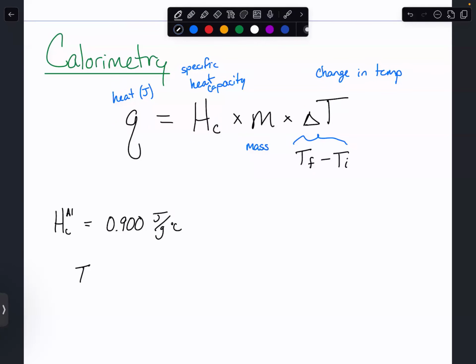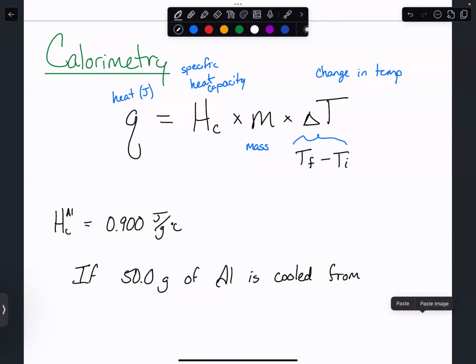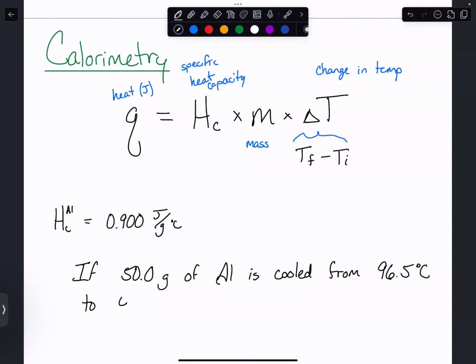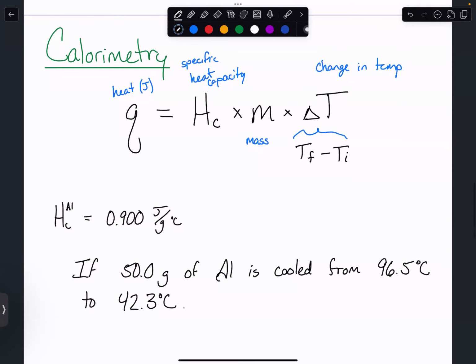So let's say 50 grams of aluminum is cooled from 96.5 degrees Celsius to 42.3 degrees Celsius, how much thermal energy, how much heat was absorbed or released?